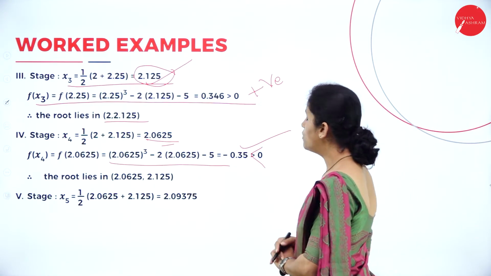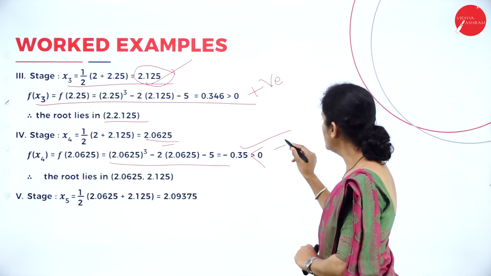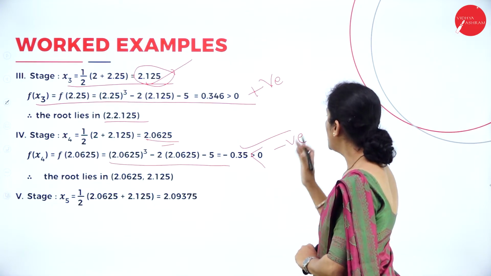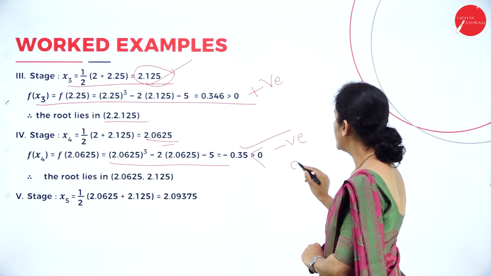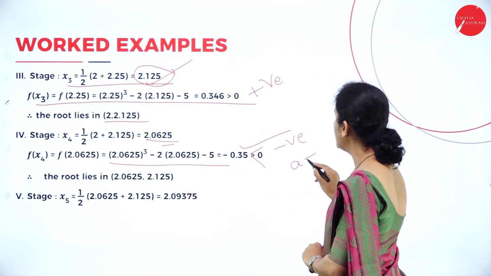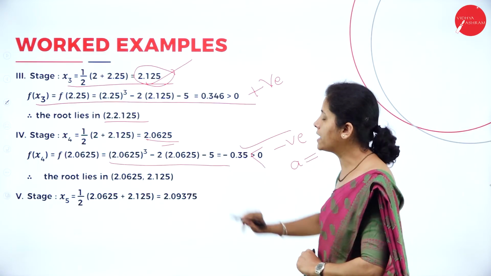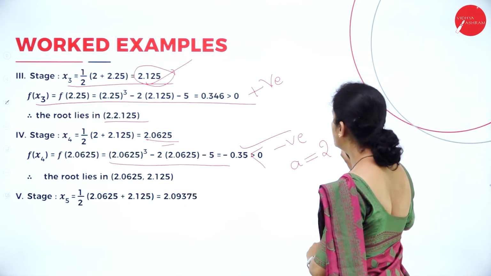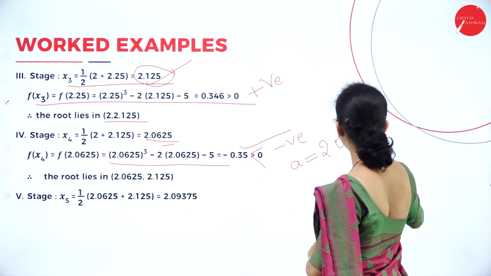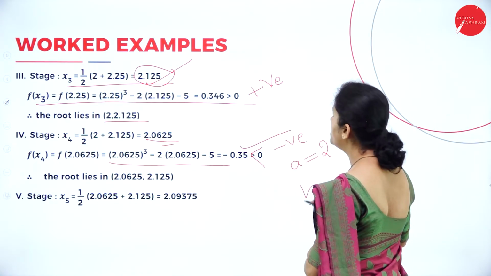So, what I want to do? It is negative number and I want to modify A value. Now, A is nothing but my previous X value, that is 2.0625. And what about B?